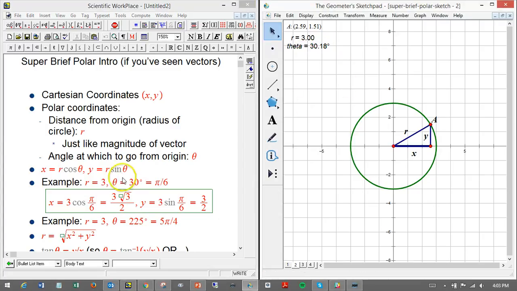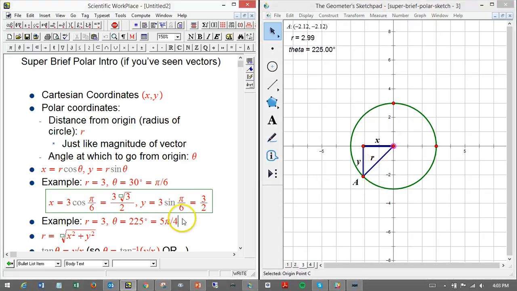So notice it's exactly like converting a vector that was given in magnitude and direction form into its x and y components. There's nothing different in terms of the computations. Now, it gets a little trickier in other quadrants perhaps, but there's nothing different. So this is another example. If I'm over here at 225 degrees and r equals 3 still, then x is just going to be 3 times cosine.